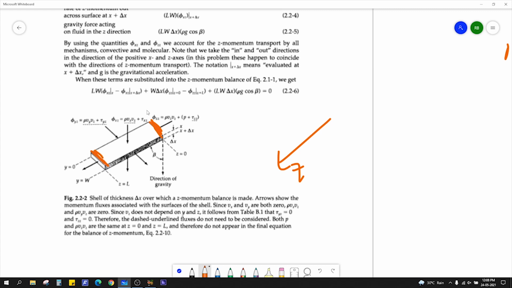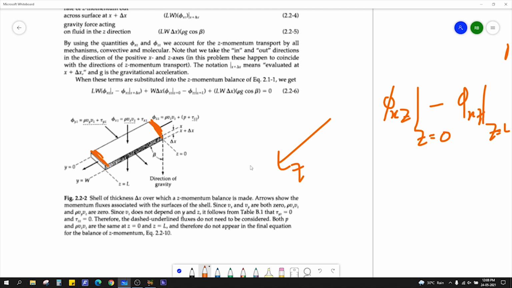So we have to find phi xz where it is entering, at z equal to 0, minus phi xz going out at z equal to length L.